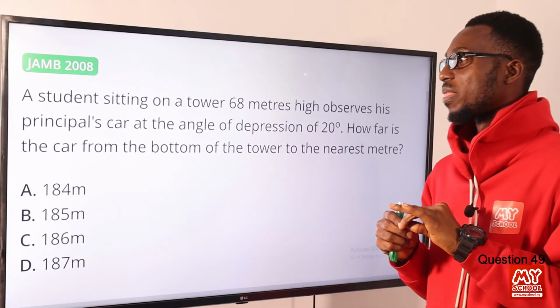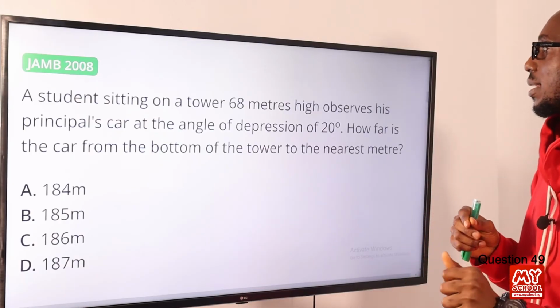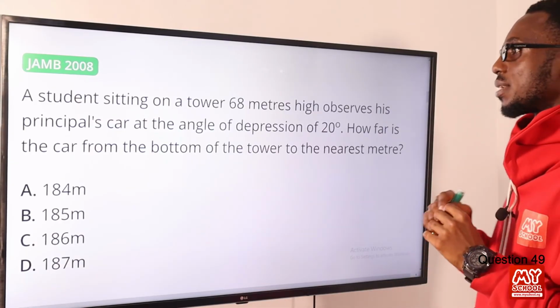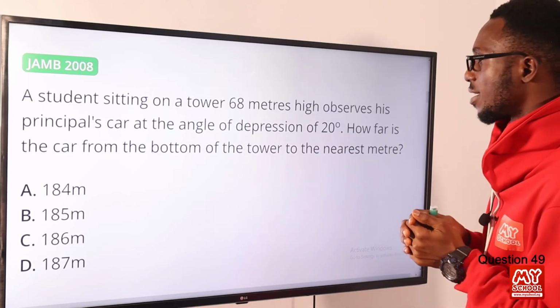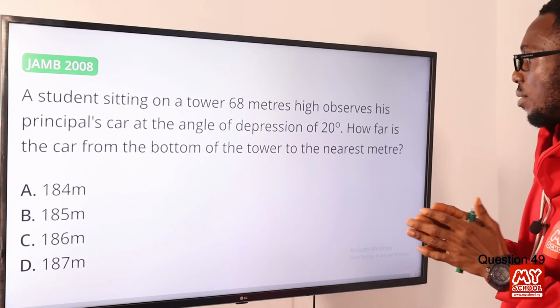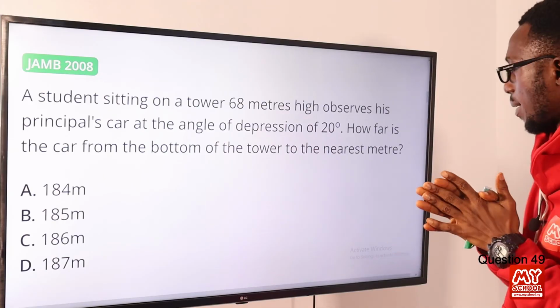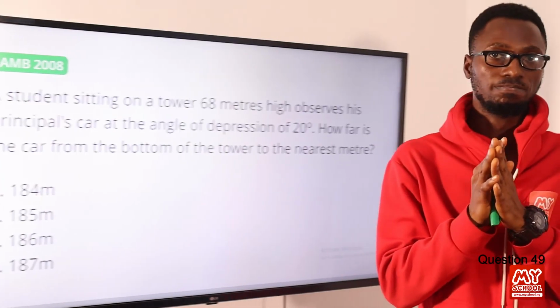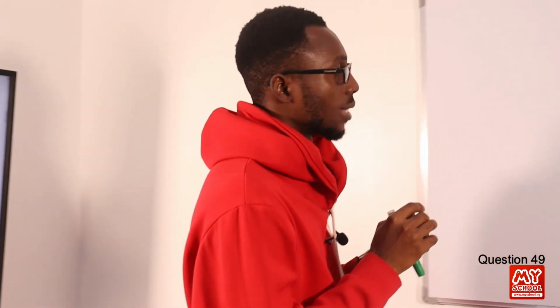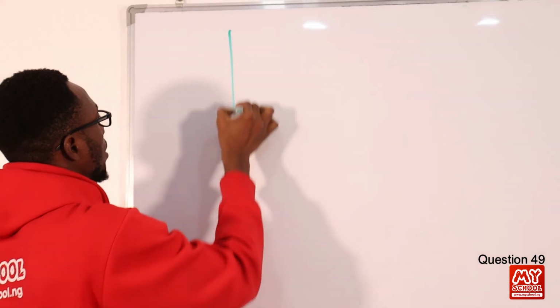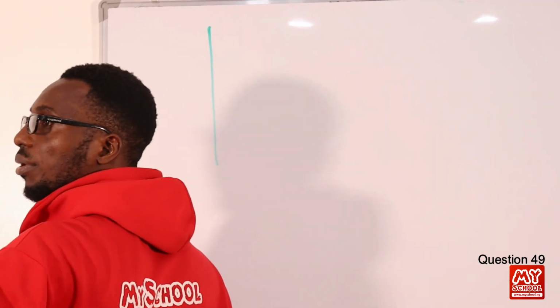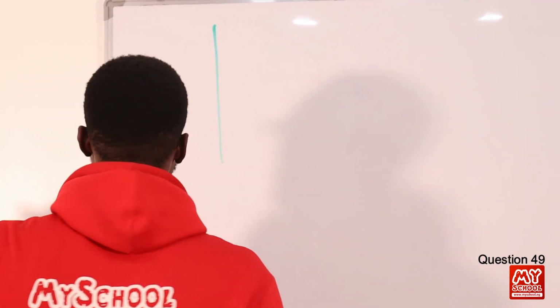Question 49. A student sitting on a tower 68 meters high observes his principal's car at the angle of depression of 20 degrees. How far is the car from the bottom of the tower to the nearest meter? So we are told the boy is sitting on a tower 68 meters high.